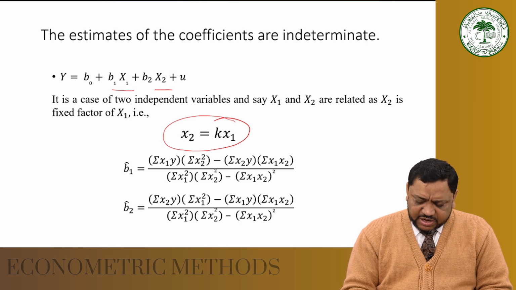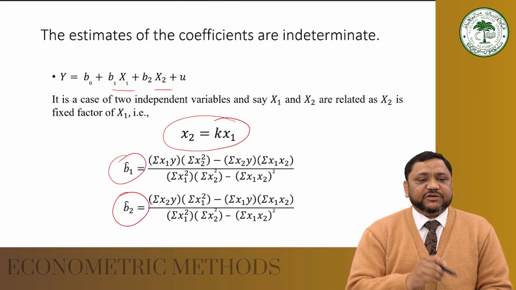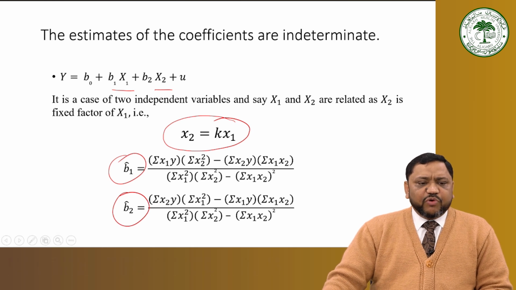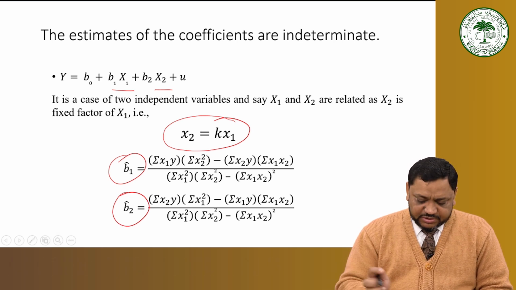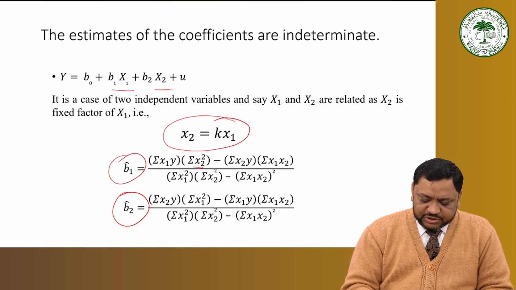We have seen in our earlier cases the formula for b1 hat and b2 hat. So what we are going to do is insert kx1 wherever an x2 is available.